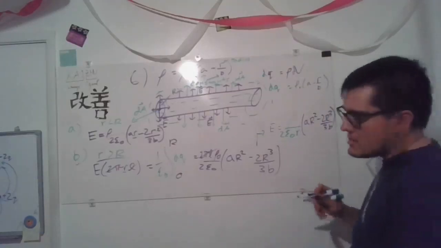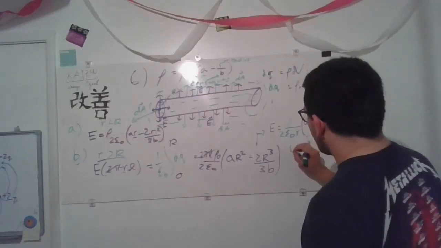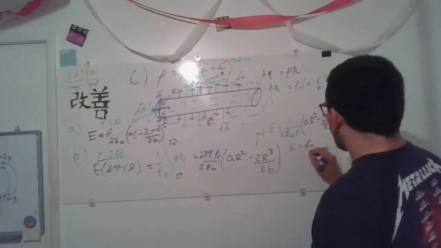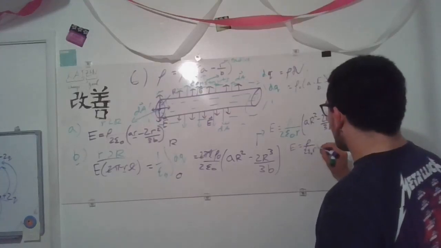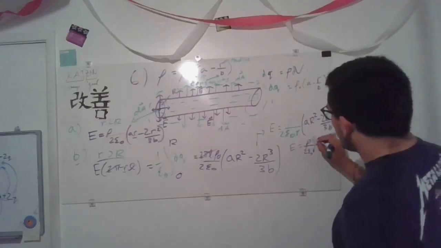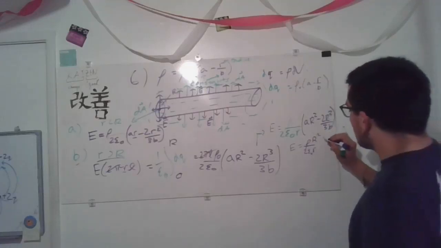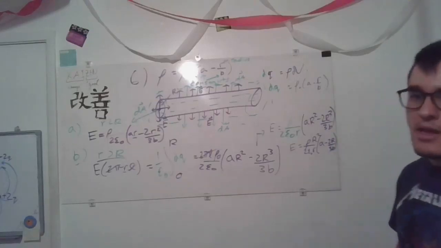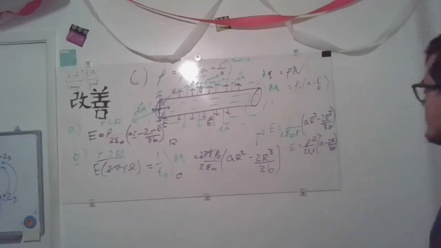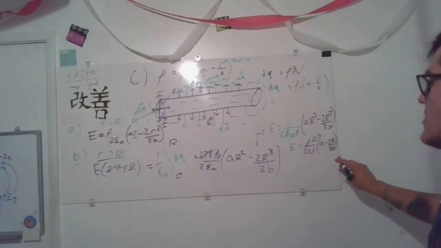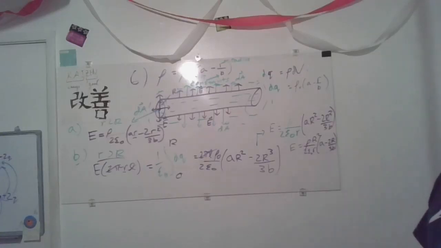And then what you could do if you wanted to simplify it more, it would just be E is rho over 2 epsilon times r. And then these both have a capital R squared in common. So I can pull out that R squared and then just make it a minus 2R over 3b. I'm pretty sure that's the book answer as well. Yeah, rho capital R squared over 2 epsilon r, little r, and then a minus 2R over 3b.